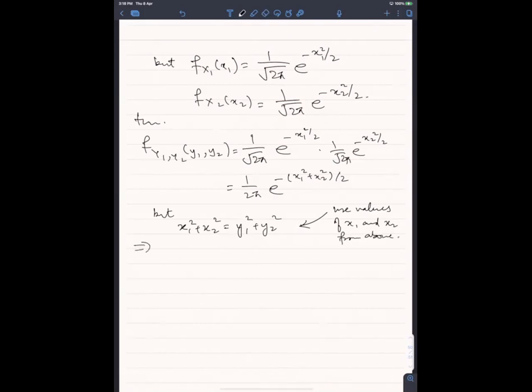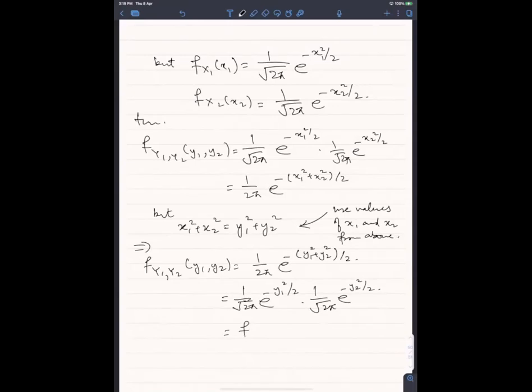So which turns out, okay, f(y1, y2) is equal to 1 over 2 pi e to the minus (y1 square plus y2 square) divided by 2, which of course can be written as 1 over square root 2 pi e to the minus y1 square over 2 into 1 over square root 2 pi e to the minus y2 square over 2, which is f(y1) f(y2). This is the product of both the y's.